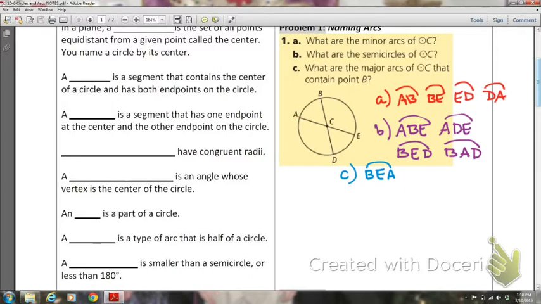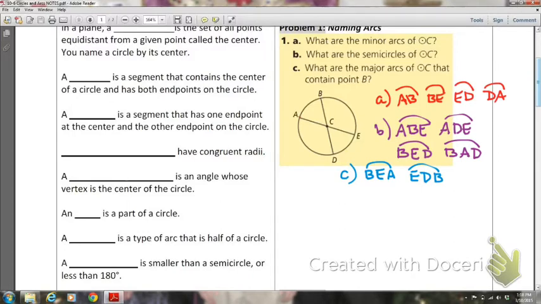I could have named it BDA as well, and it would have been the same arc. You just have to have one other point between your endpoints of the arc. If you start at point E, go through point D, and end at B, that's another major arc that contains B. I could have also named it EAB, and it would have been the same arc.